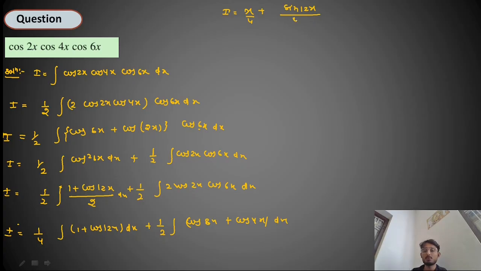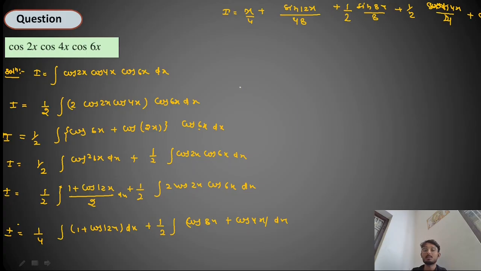So 12 into 4, 12 4s are 48, plus 1 by 2 integration of cos 8x equal to sin 8x upon 8, and 1 by 2 integration of cos 4x equal to sin 4x upon 4. Okay, this is the final answer.